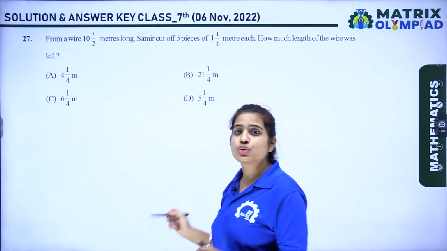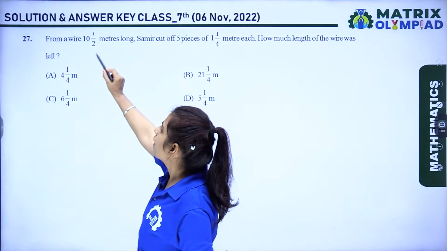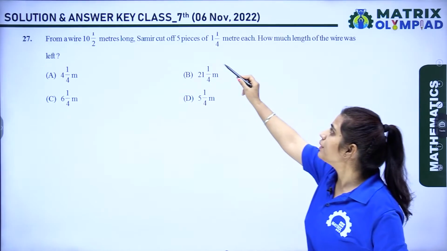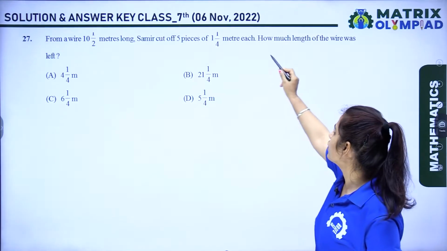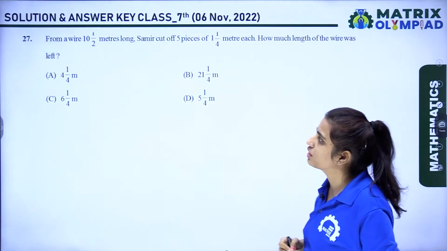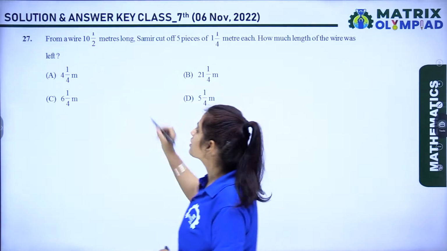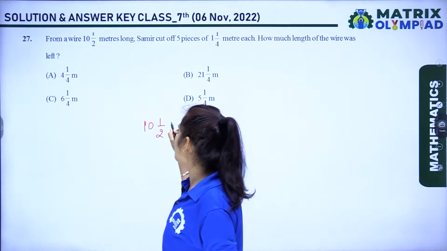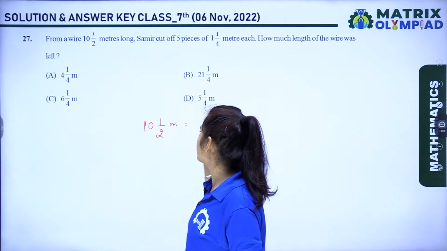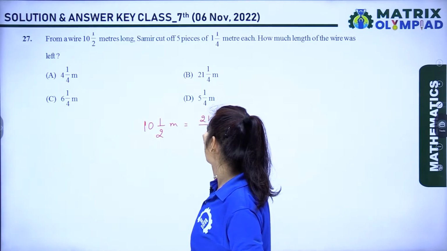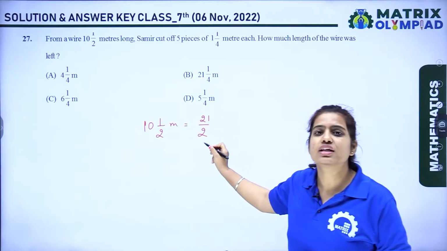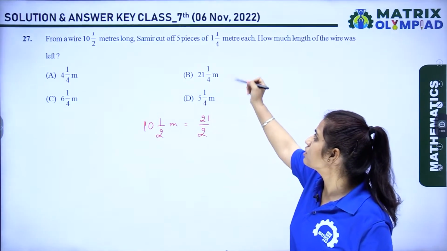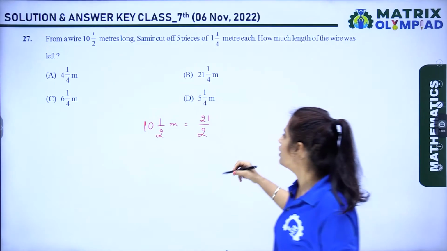Here the next question, 27, is: from a wire 1 upon 2 meter long, Sameer cuts 5 pieces of 1 upon 4 meter each. How much length of the wire was left? Now the total length of the wire is 1 upon 2 meter. So here 1 upon 2 meter can be written as 21 upon 2. So it is the total length of the wire. Now Sameer cut 5 pieces of 1 by 4. Now let's check.